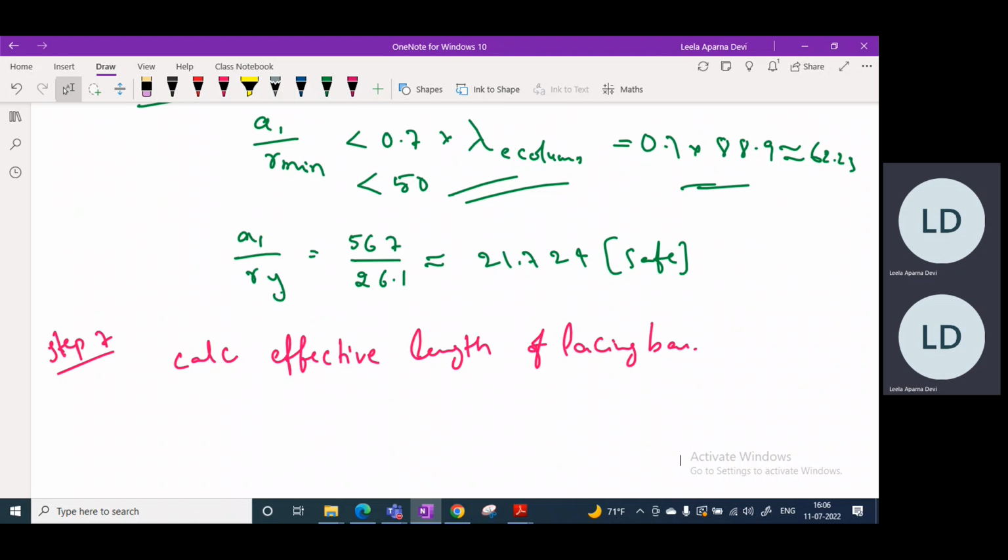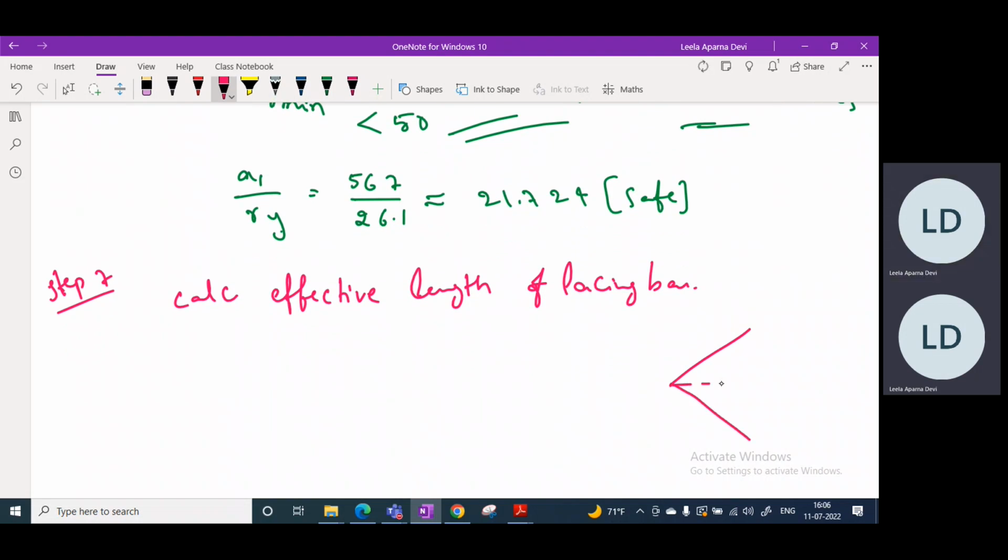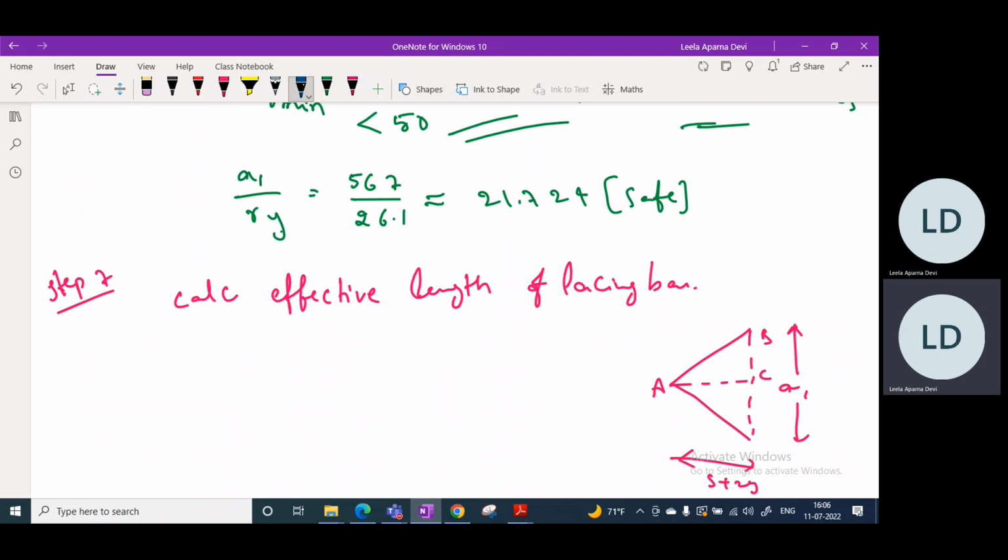To calculate the effective length of lacing bar, as we have drawn some triangle earlier, from this triangle, this is A1 and this is S plus 2G, A, B. From here it is the theta value.